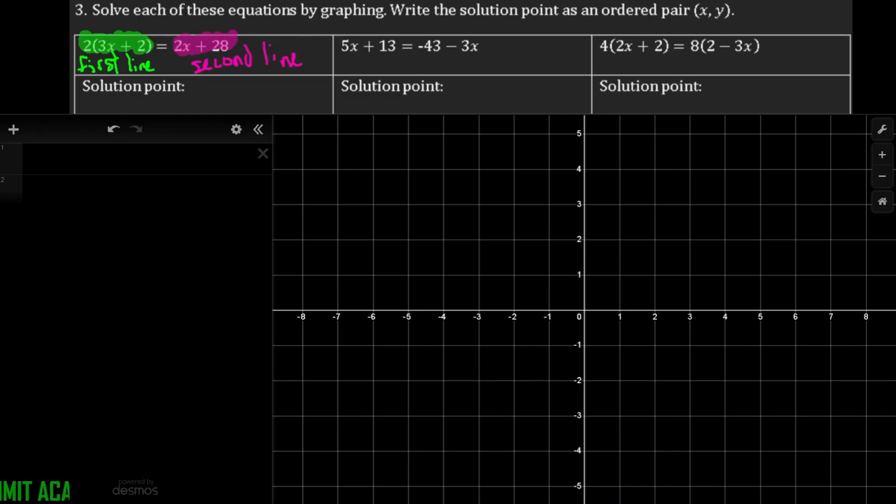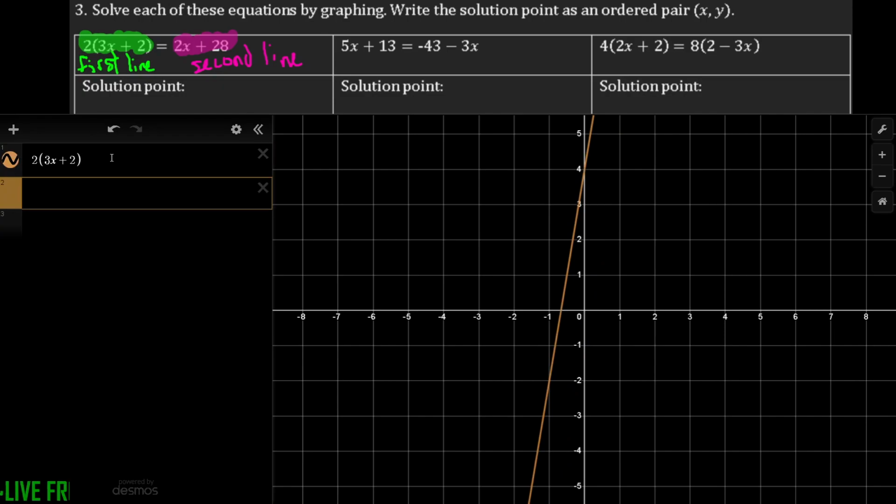All right, so let's go to our wonderful calculator, type in what we have. So we're going to say we have 2 times the quantity 3x plus 2. And we hit enter to get our new equation. Our new equation is going to be 2x plus 28.